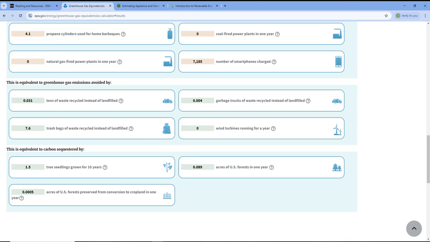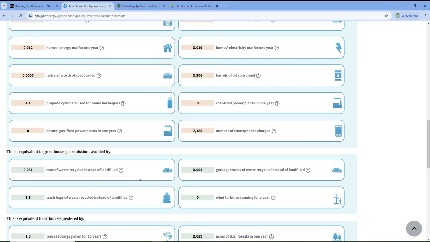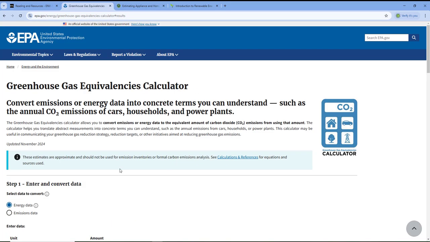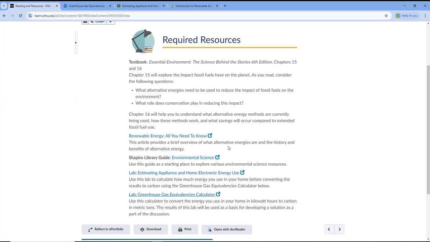So you can see 1.5 tree seedlings grown for 10 years would be the amount that I would need to plant in order to counterbalance that 10 gallons of gas I just put in my gas tank. Okay, so you can play around with those numbers and see.